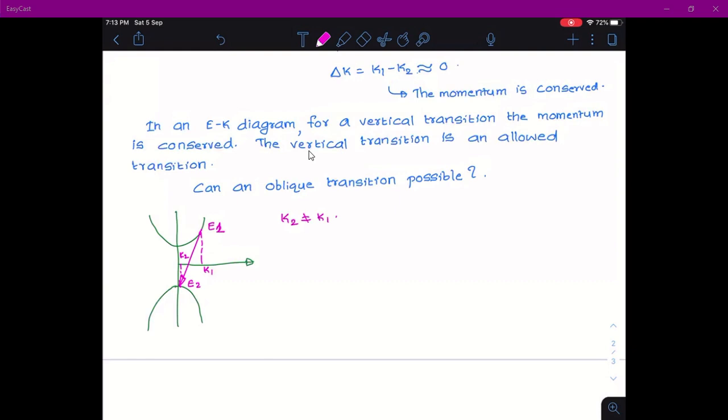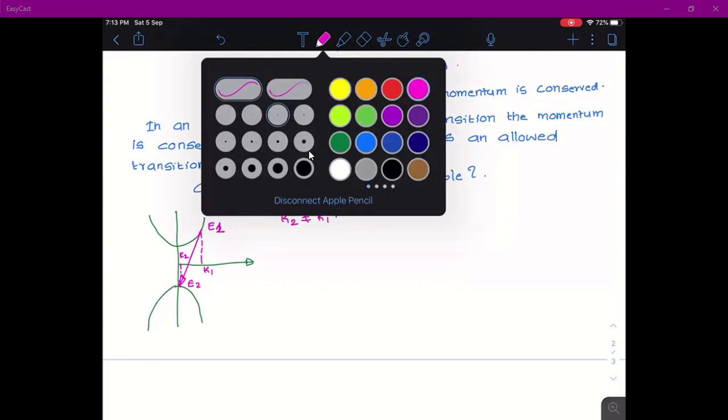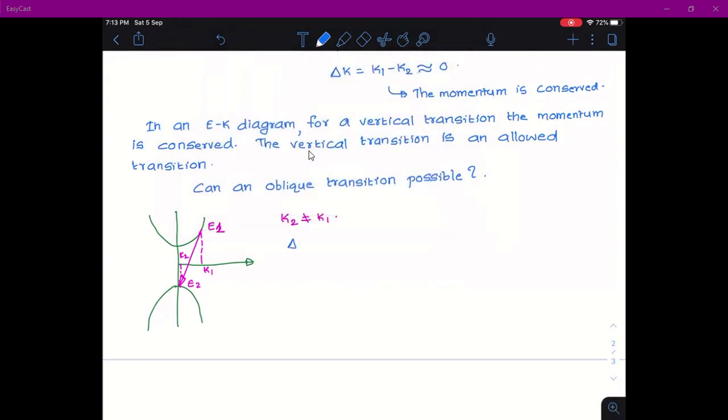So when that transition happens, the delta K, which is K2 minus K1 or K1 minus K2, I would write it as K1 minus K2, is not equal to 0 and it is finite. Okay, so the momentum is not conserved.